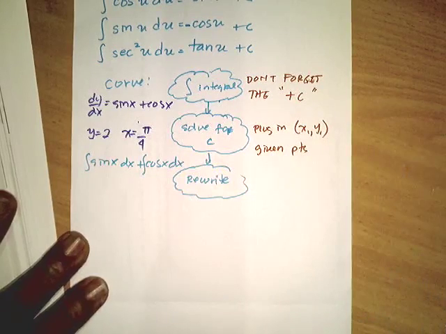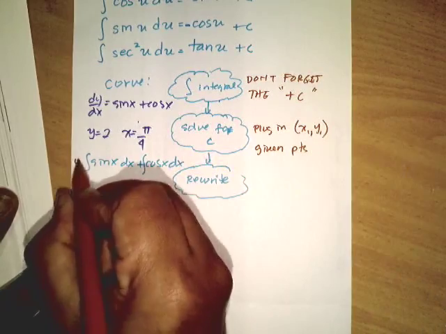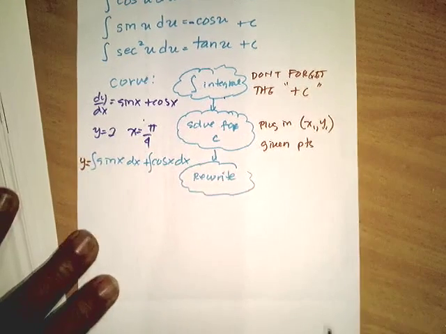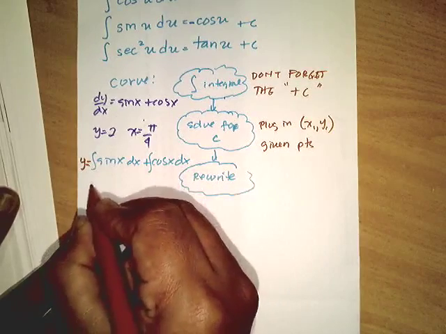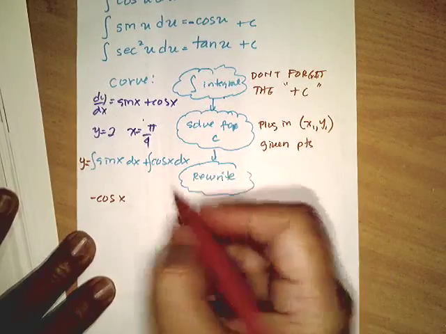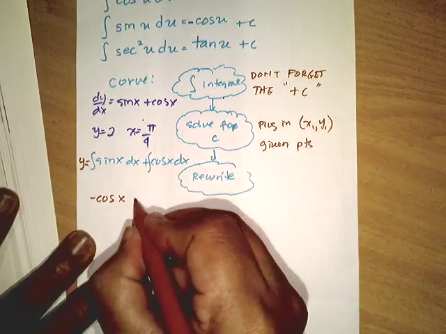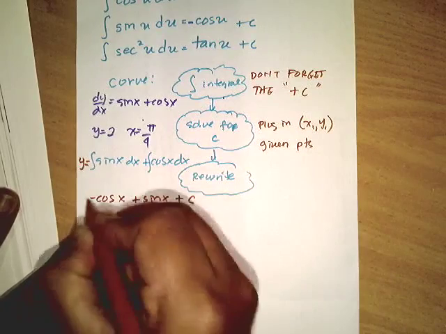Then your y is equal to the integral of sine x, which is negative cosine x. And the integral of cosine x is positive sine x plus some number c.